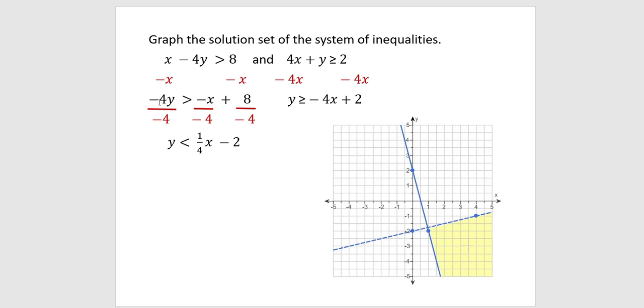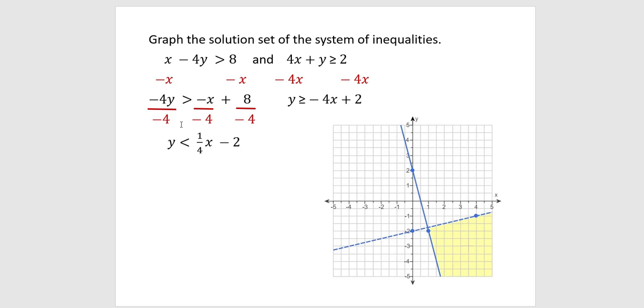Then, since there is a negative 4y, we must divide both sides of the linear inequality by negative 4 to isolate the y term.